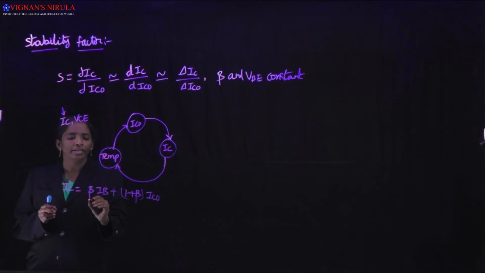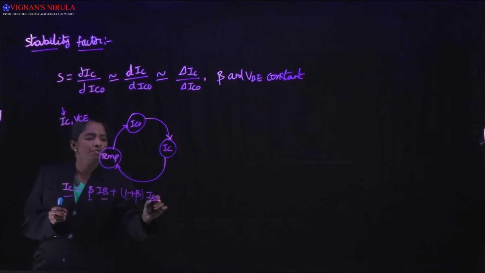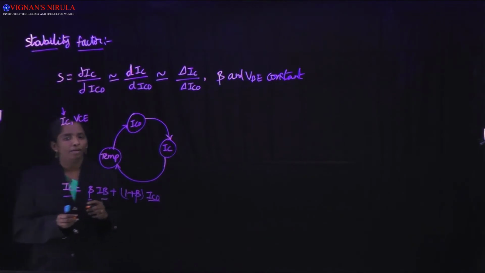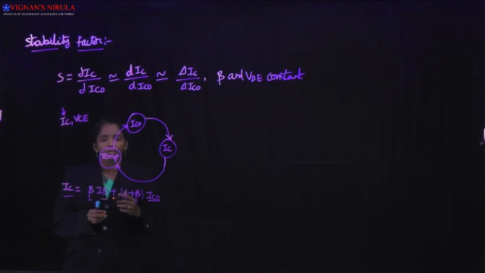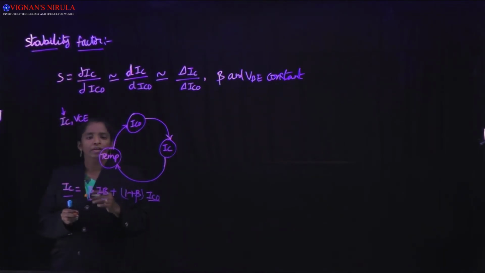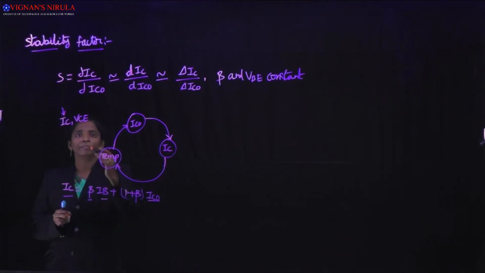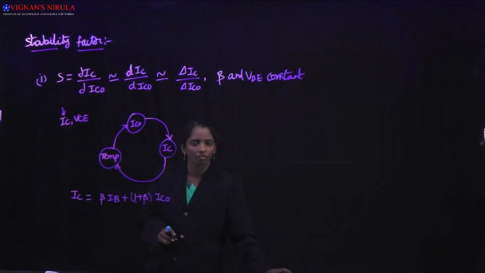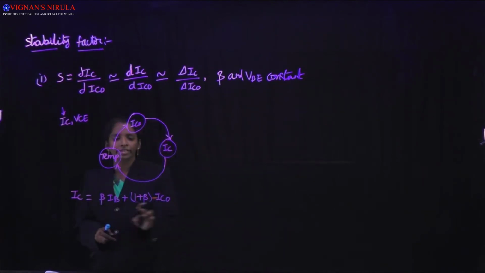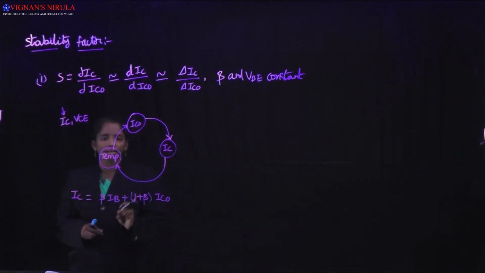Here the factors beta, IC, IB and ICO affect the operating point. So to keep the operating point independent of these four factors, we are considering the stability factor S. This is the equation for collector current in common emitter configuration.